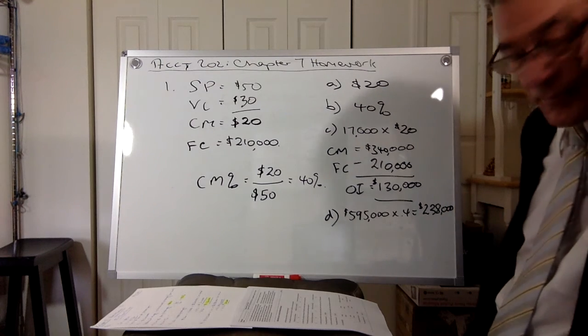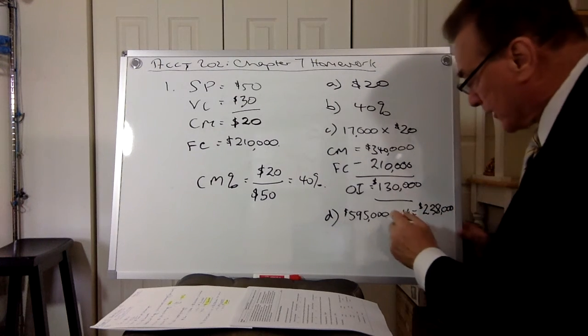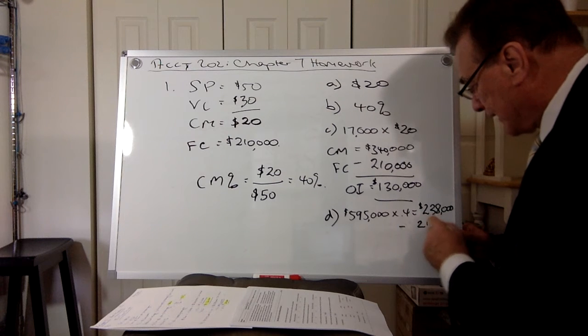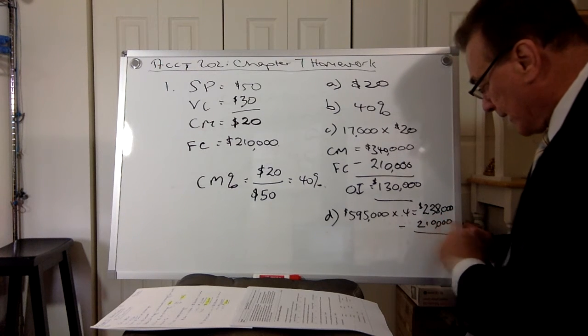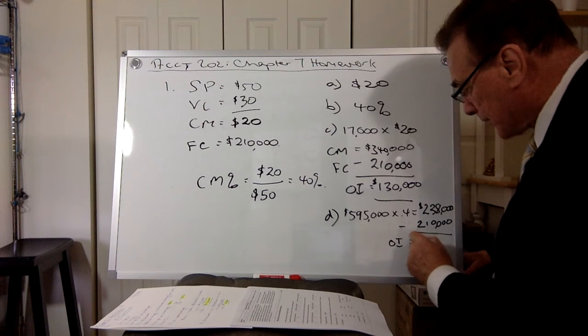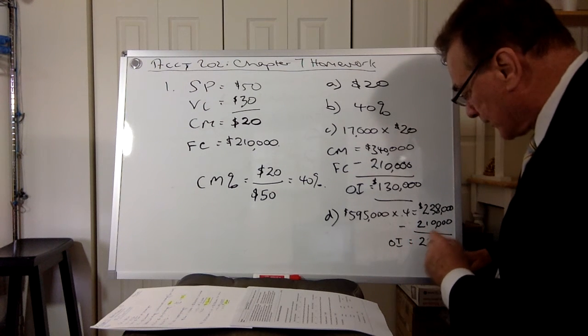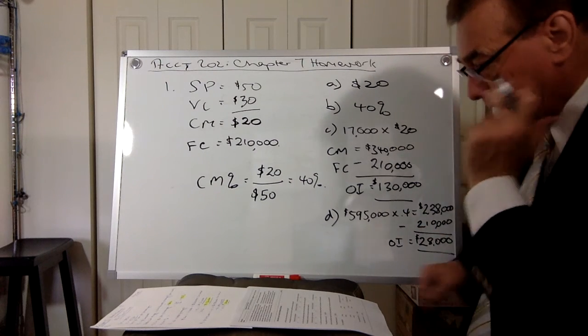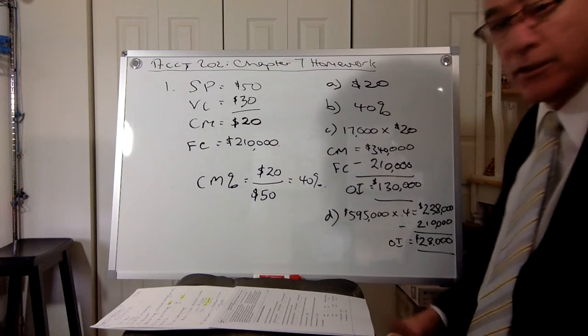Then you subtract your fixed costs, which again are 210,000. That gives you the operating income at that level of sales of $28,000. So the answer for D is $28,000.